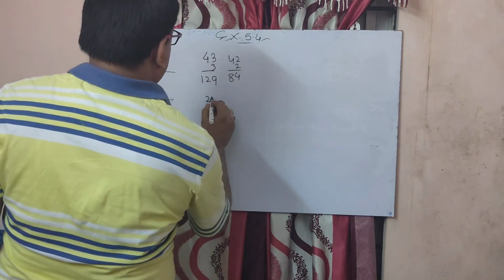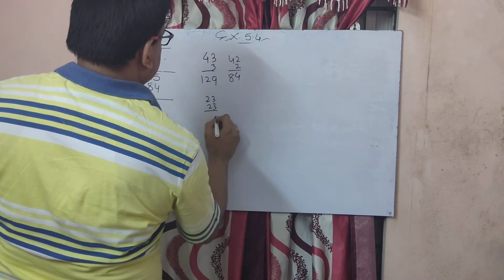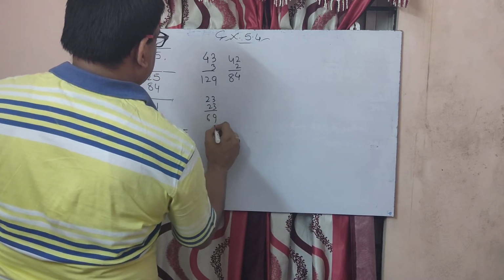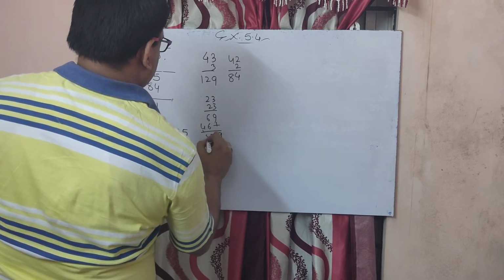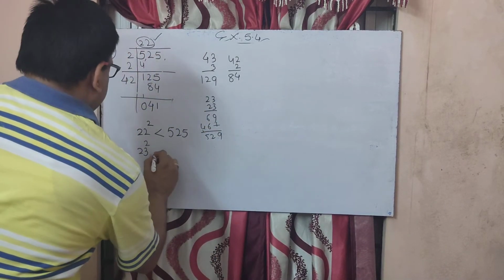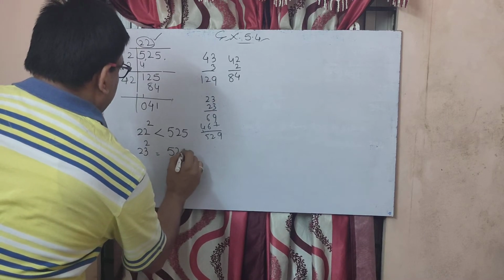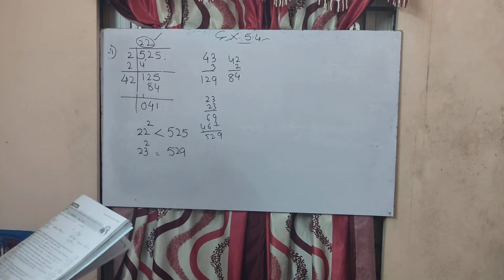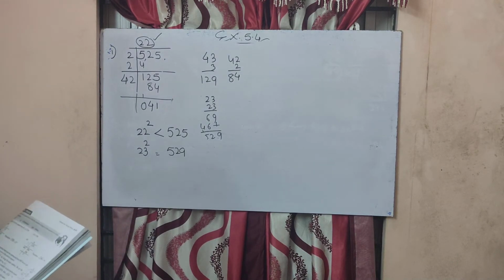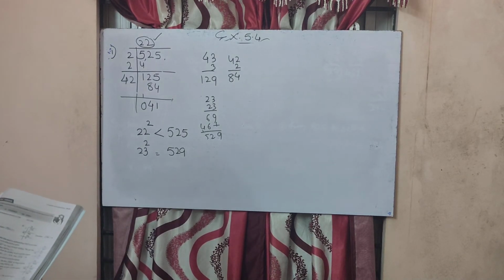You need to remember 23 into 23 is how much? So 529. 23 square is 529.